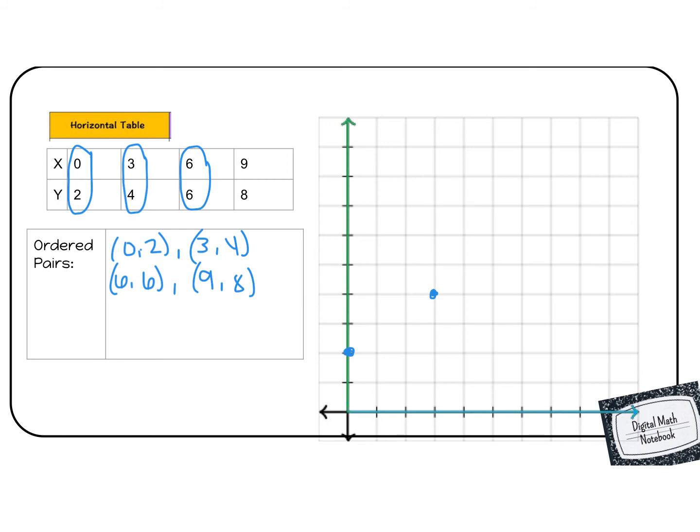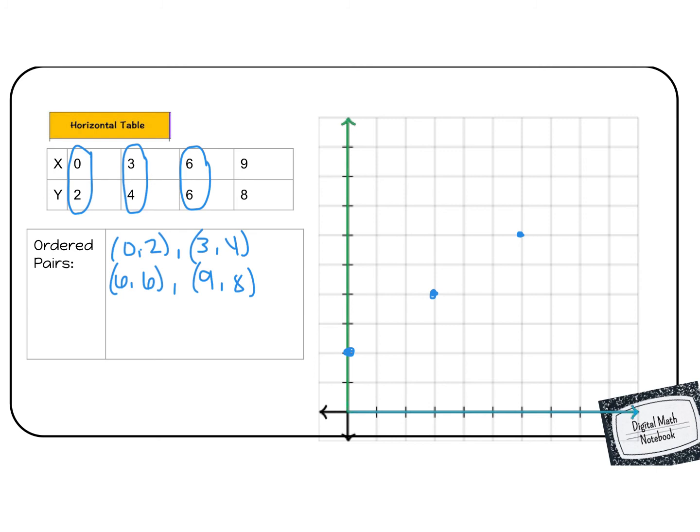On our next ordered pair, we have the number 6, 6. So we're going to go over 1, 2, 3, 4, 5, 6, and up 1, 2, 3, 4, 5, 6. And our last one would be 9, 8.